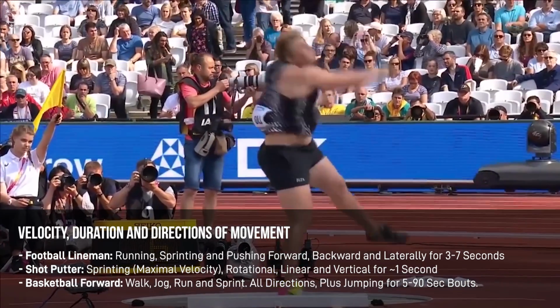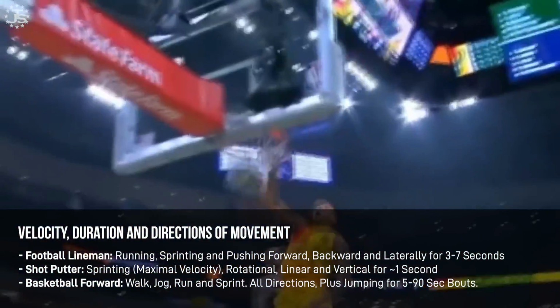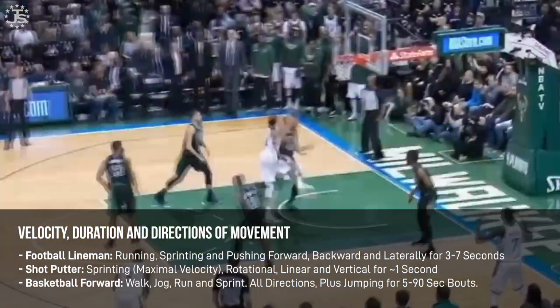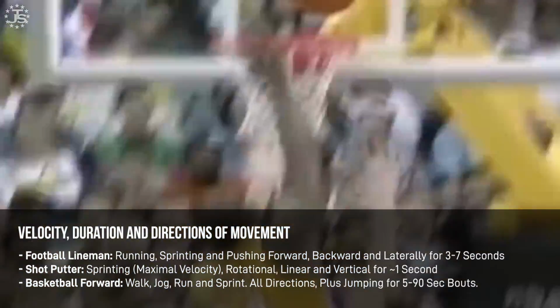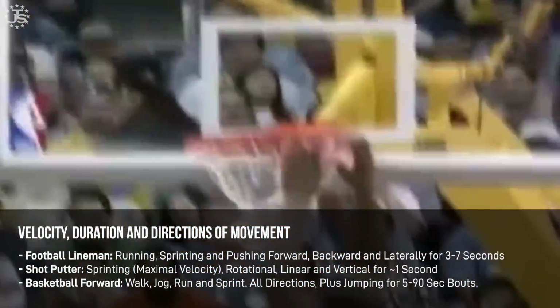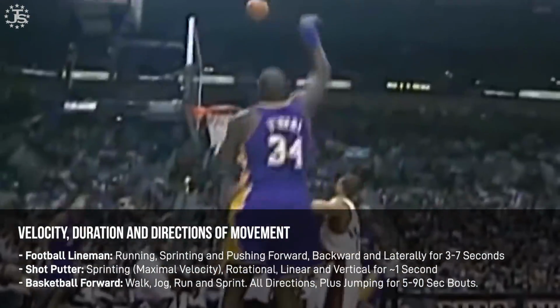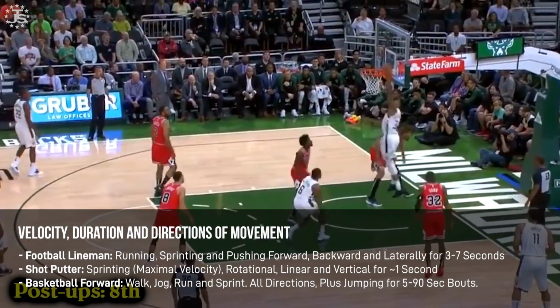And it happens in about 1 second. For the basketball forward, they're going to walk, they're going to jog, they're going to run, they're going to sprint, all directions, plus a lot of jumping. And that's really happening in 5 to maybe as long as 90-second bouts in combination of those different things between dead balls, timeouts, all that type of stuff.